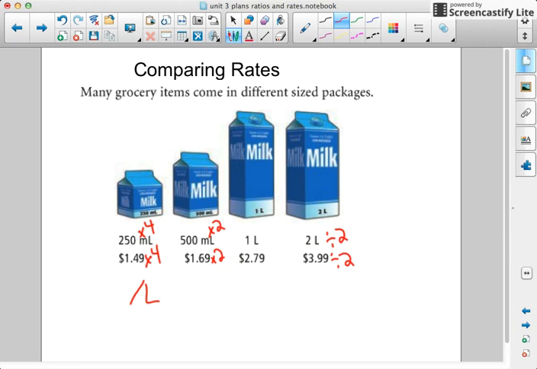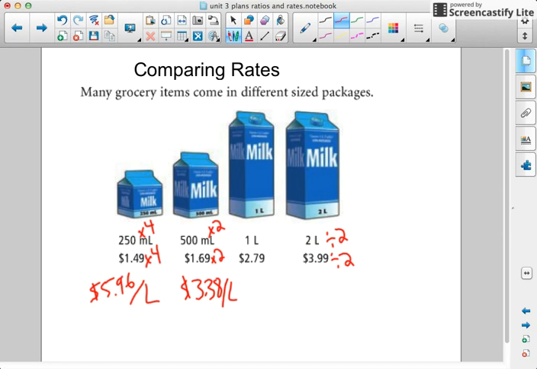So $1.49 times 4 gives you $5.96 per liter. $1.69 times 2 is $3.38 per liter. This one's already $2.79 per liter.